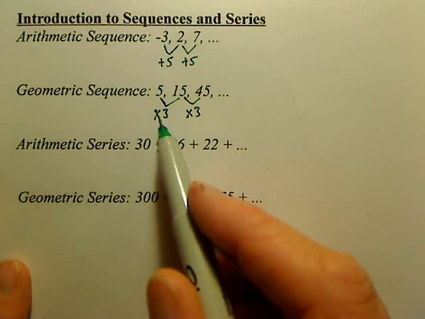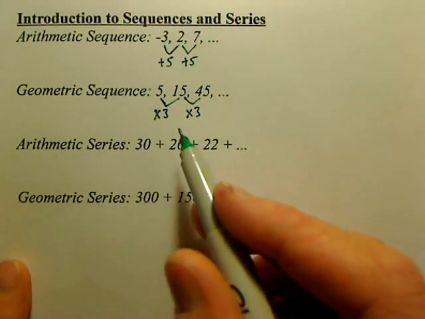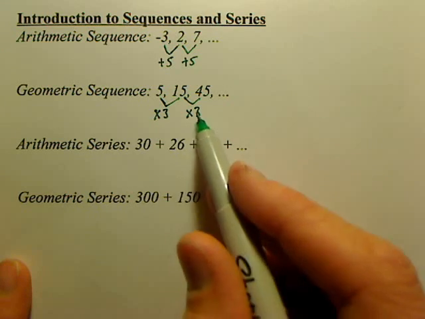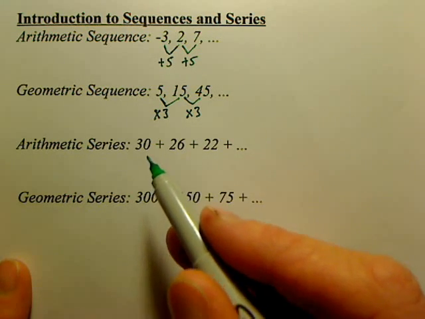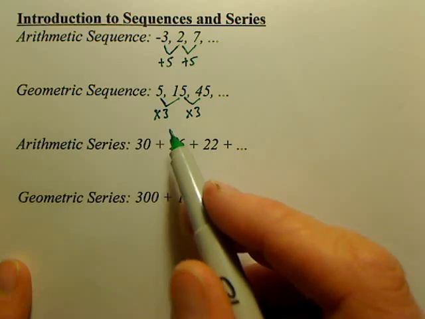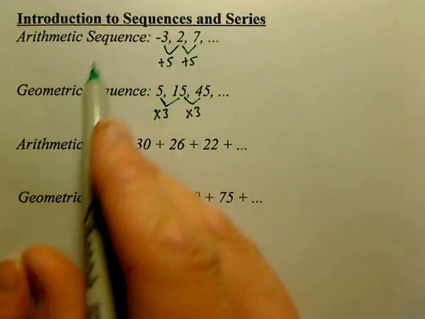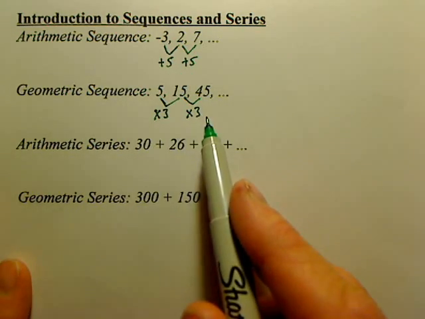So geometric is when you're multiplying or dividing each term by the previous by a specific common number. It's called a common ratio. They call this a common ratio, that 3. So you're multiplying over and over by 3 for these. So arithmetic and geometric, these have common differences, these have common ratios.